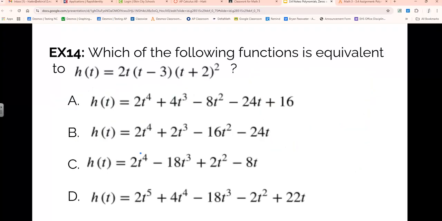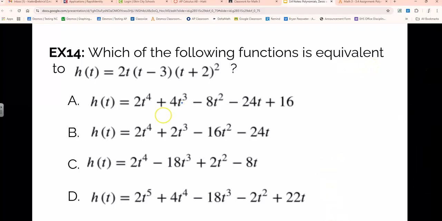Okay, and so our last one, it gives us all of this and asks us which one is equivalent. Now, this one is really just going to be best for you to graph.